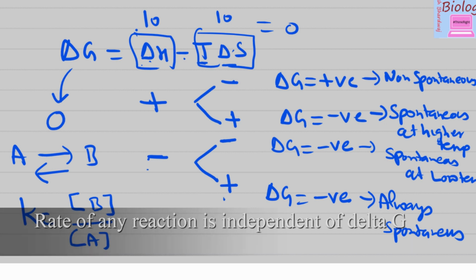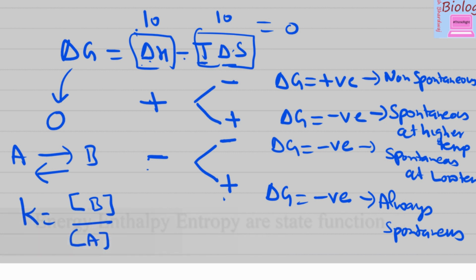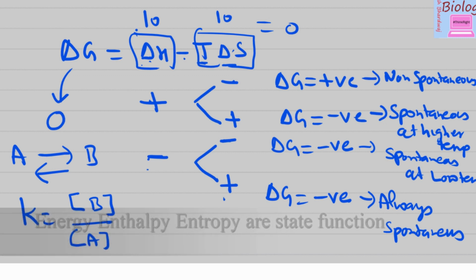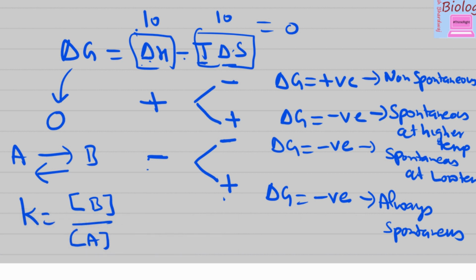Hopefully, you must have learned in your chemistry class that energy, enthalpy, and entropy are state functions. What are state functions? Those which depend on the initial state and the final state.